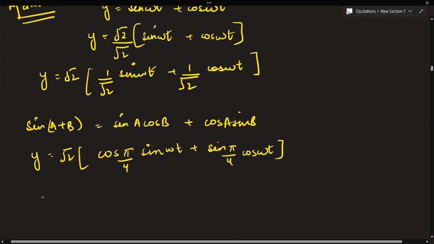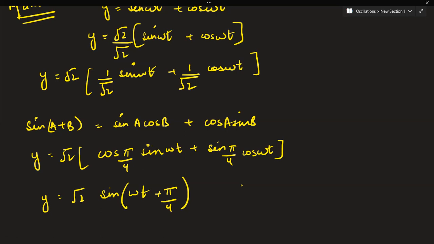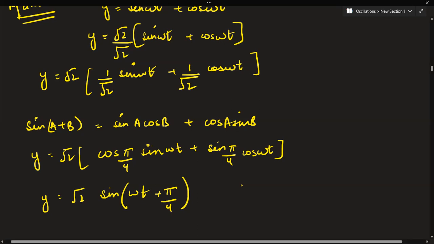It means y equals root 2 sine of a plus b, where a is omega t and b is pi by 4. So again, have we received our standard equation? Yes. So is it an SHM or a non-harmonic motion? SHM.